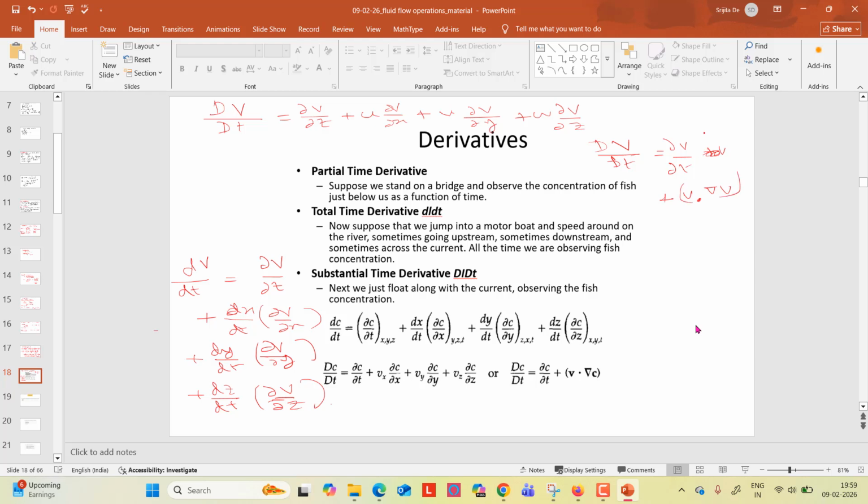So this is your local acceleration term. This is your convective acceleration term.